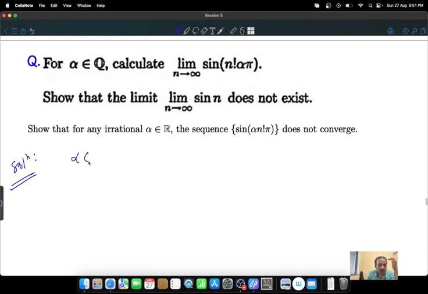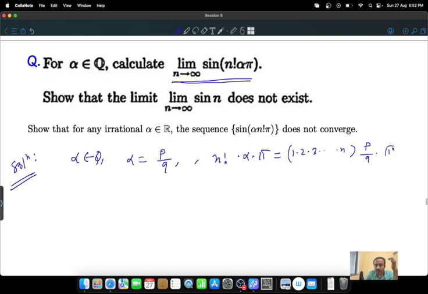So if alpha belongs to Q, then alpha is of the form p by q. So now you have to show the limit of this term. So basically first you have to find n factorial alpha pi. So n factorial alpha pi is 1 times 2 times 3 up to n, and this is p by q pi.